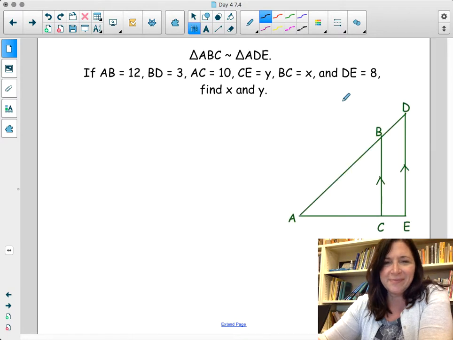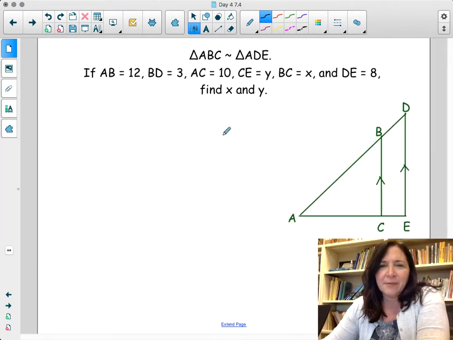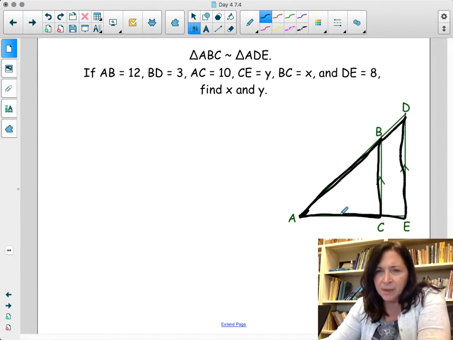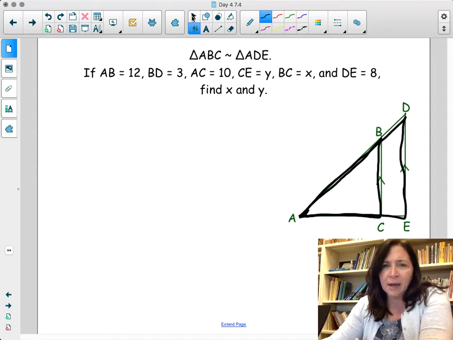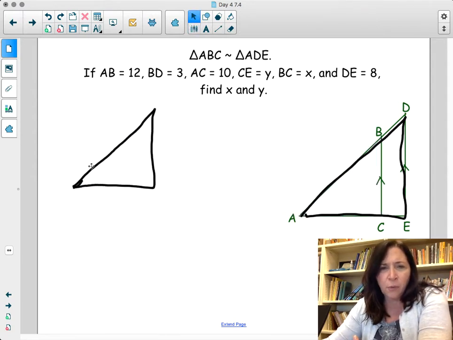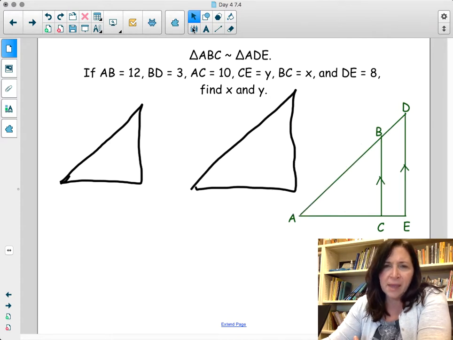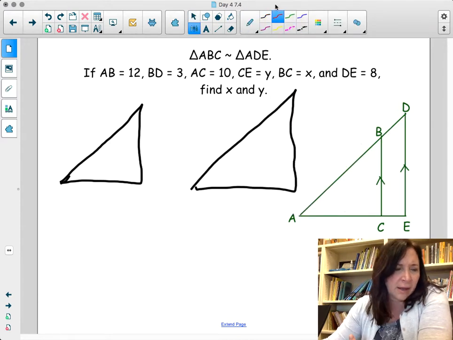Okay. That's funny. For this one right here, they said that ABC is similar to ADE. Okay, so like I said again, I really feel that it's so important to just redraw these triangles. And it is, I prefer that any day.